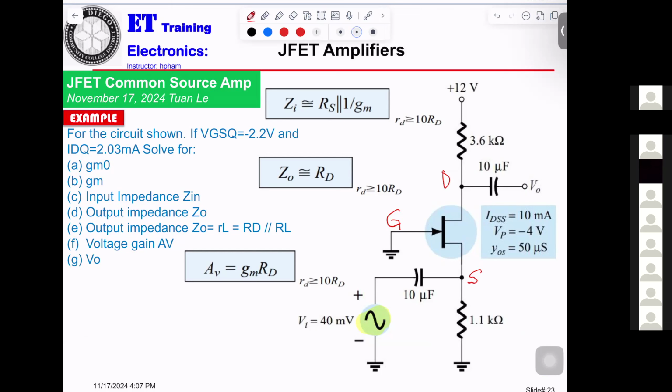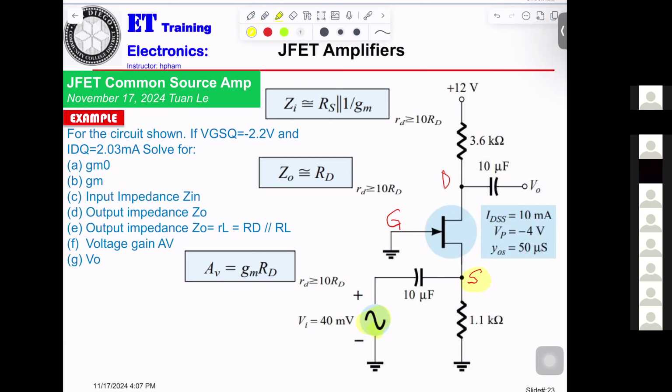Okay. So for the common gate, the input is applied to the source, right here.